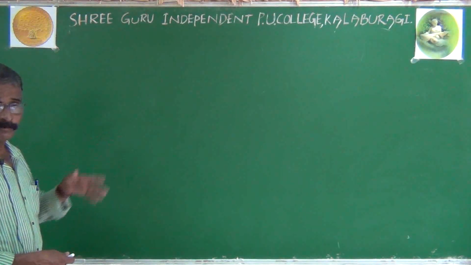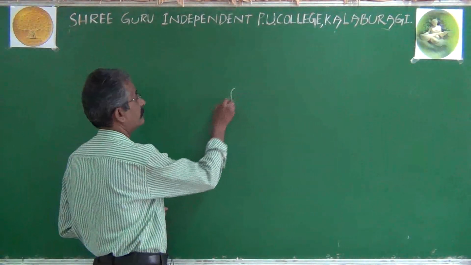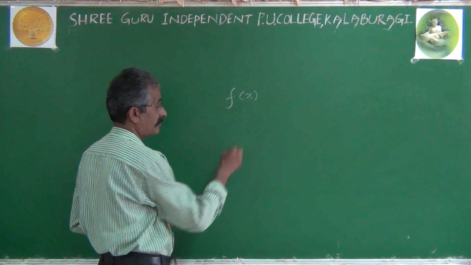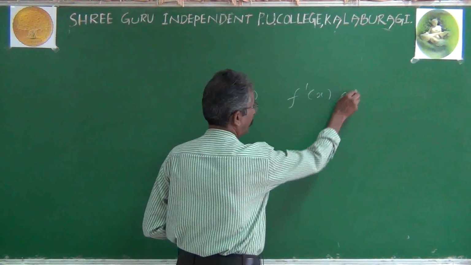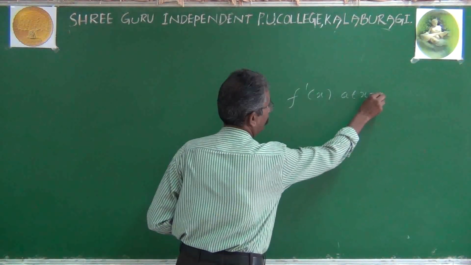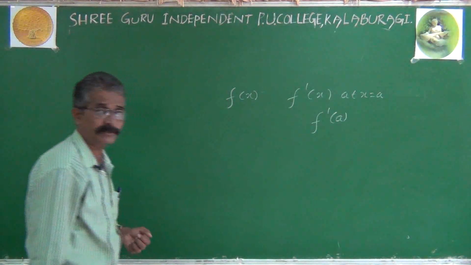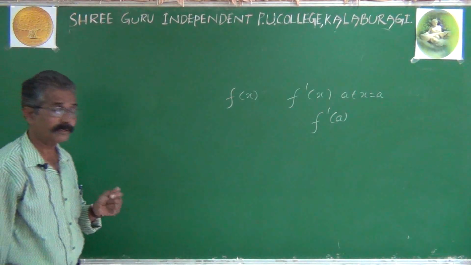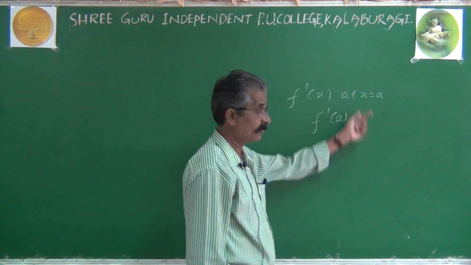We just review yesterday's concept. A function f of x is said to be differentiable if f dash x exists at point x equal to a. Means in particular, if f dash of a becomes a fixed real number, then we say that the function is differentiable at that point x equal to a.